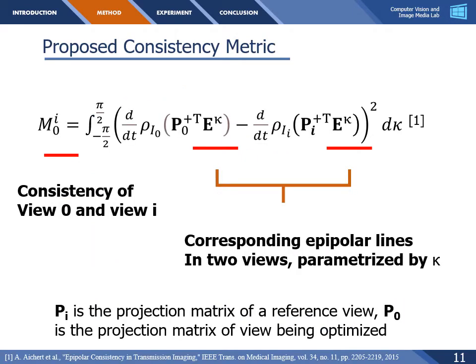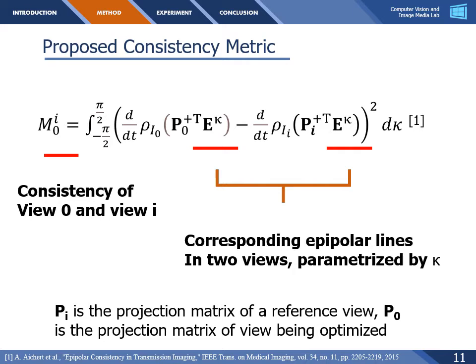In the original works of Aichert et al., the consistency metric was defined as the sum of squared difference of the derivative of the line integrals of corresponding epipolar lines. The parameter kappa is used to parameterize the pencil of epipolar planes.